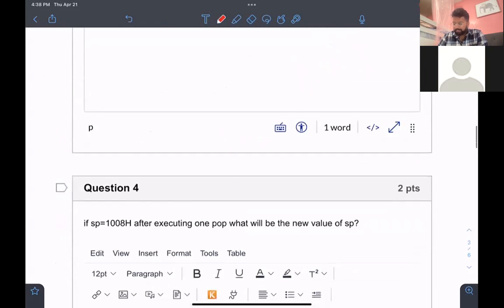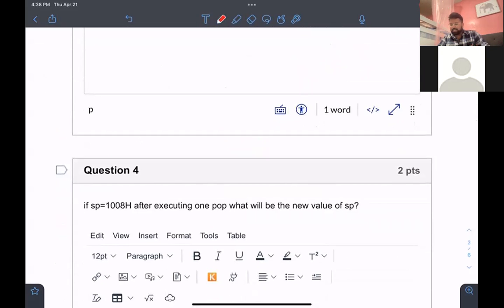Okay. So the next question is, if SP is 1008, after executing 1 pop, what will be the value of SP? Push and pop are similar. If I say push AX, whatever the value in the AX register is, I'm pushing that value onto the stack.